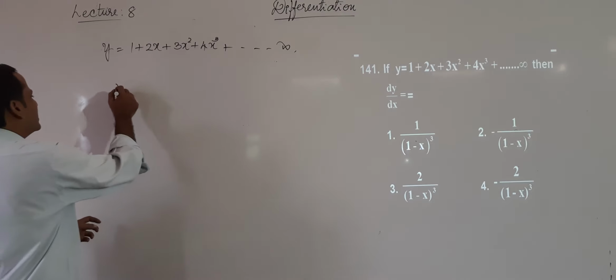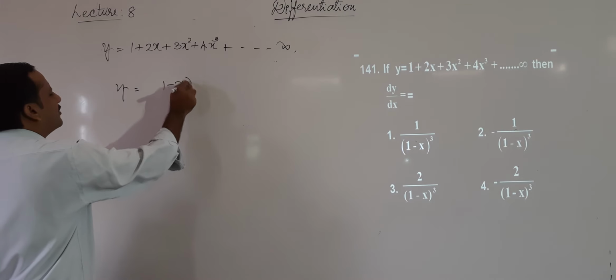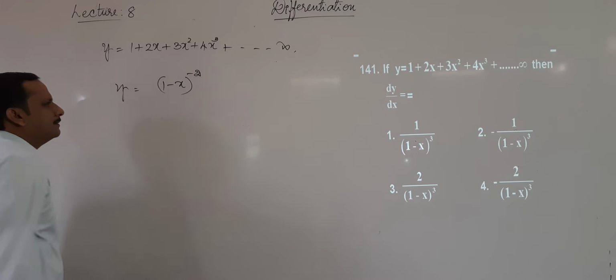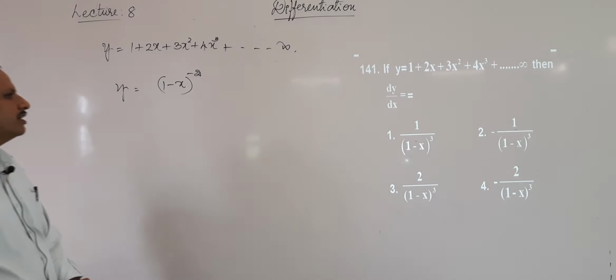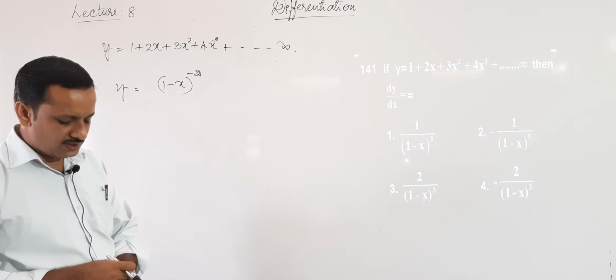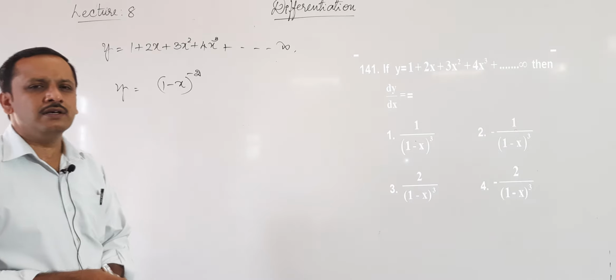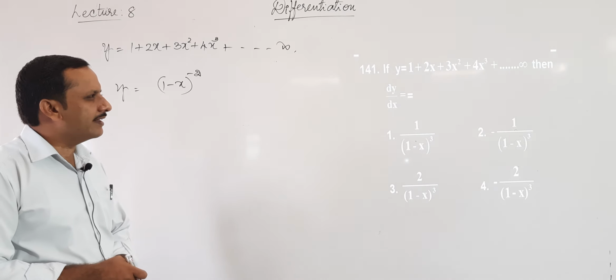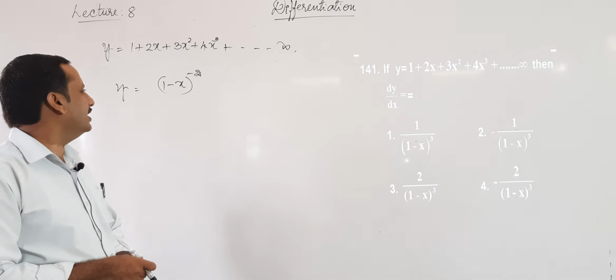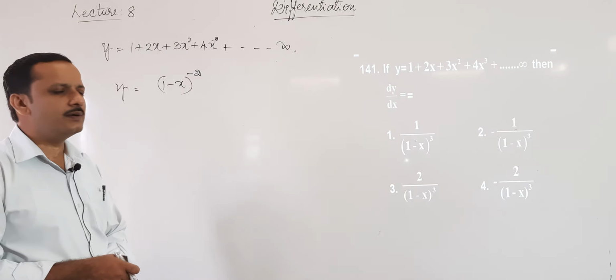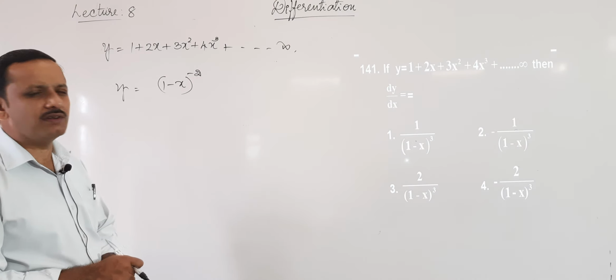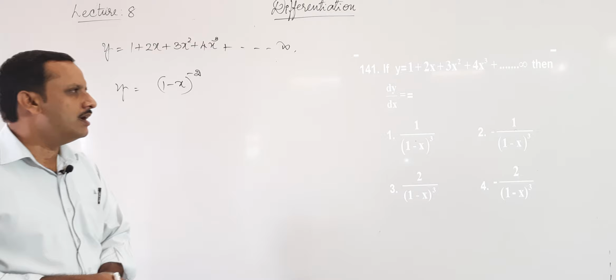Look at this RHS, this is the expansion of (1 minus x) whole power minus 2. You must have studied this in binomial theorem. In PSC not there, but in CET also very rarely they ask this, but for mains you need to remember. So it's very unlikely that this question will be asked in CET.